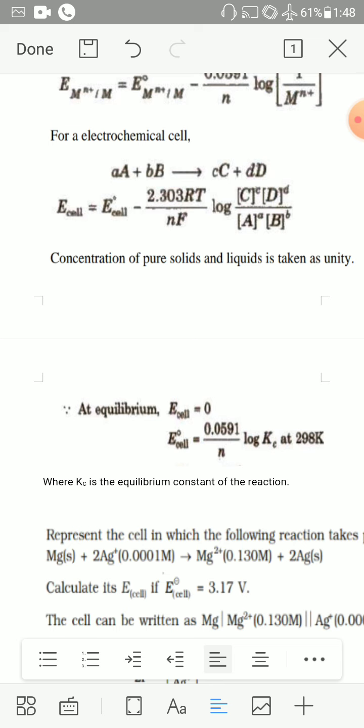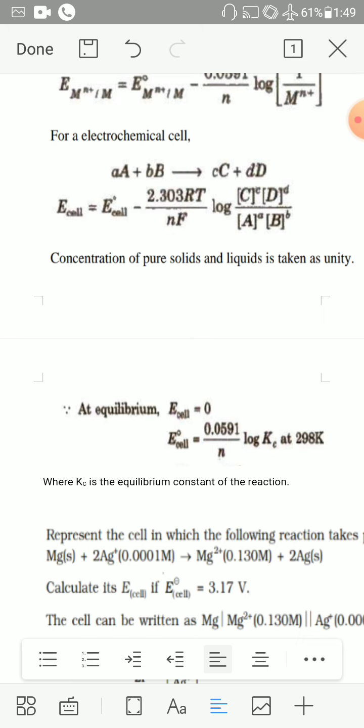F is the Faraday constant, whose value is 96,500, R is the gas constant, and T is the temperature in Kelvin. At 25 degrees Celsius, 2.303 RT by nF becomes 0.059 divided by n, where n is the number of electrons exchanged in the chemical reaction.